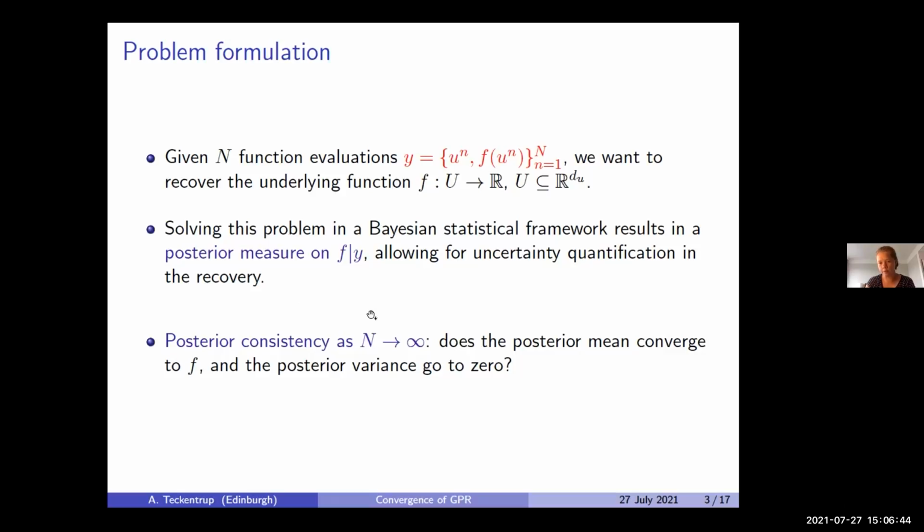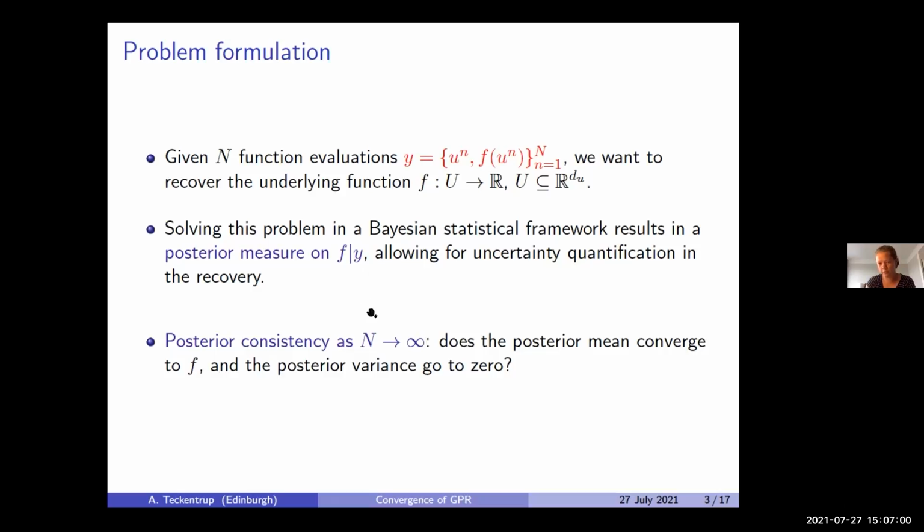And in particular, what we're going to be looking at is whether the mean of this probability distribution that we have on f given y converges to the true f, and whether the variance of this goes to 0.